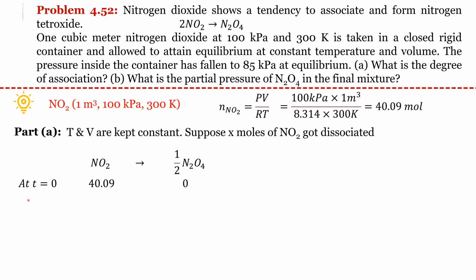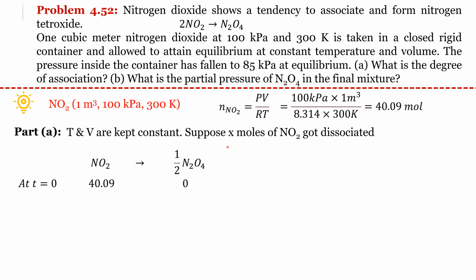Now at time t equal to 0, we can write the initial moles of NO2, which we have already estimated to be 40.09 mole, and there is no association at time t equal to 0, so moles of N2O4 equal to 0.